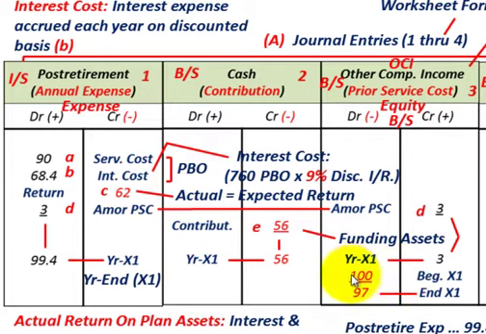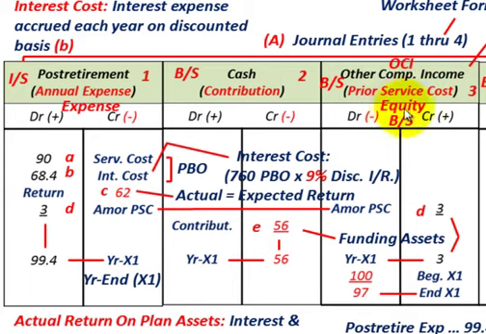So just say at the beginning of the year we had 100,000 or a reduction to our Other Comprehensive Income, and so for the year we had a credit of 3,000 or 3 here, so the net amount would be a reduction to our Other Comprehensive Income by 97 or 97,000. Okay, so the key here is this Other Comprehensive Income. We set it up for our prior service cost.